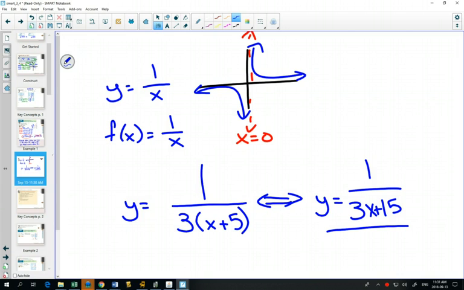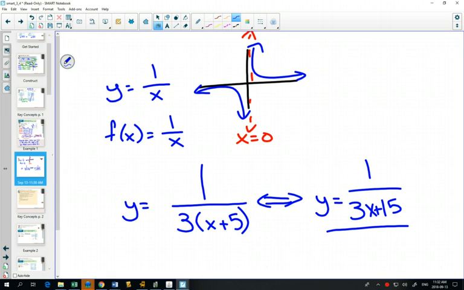If I have it in the factored form here, it tells me to go 5 to the left. When I move this left and right, can you see my asymptote is going to move? And my asymptote represents the non-permissible value. We can't divide by 0. That's why there's an asymptote there.